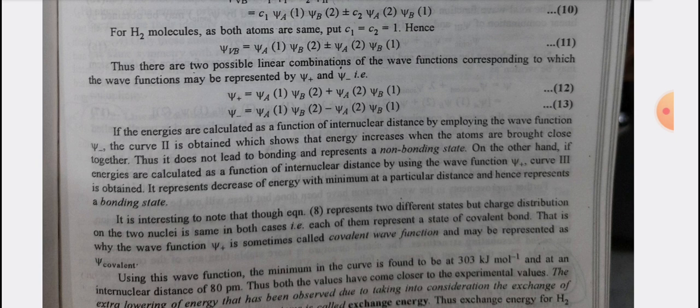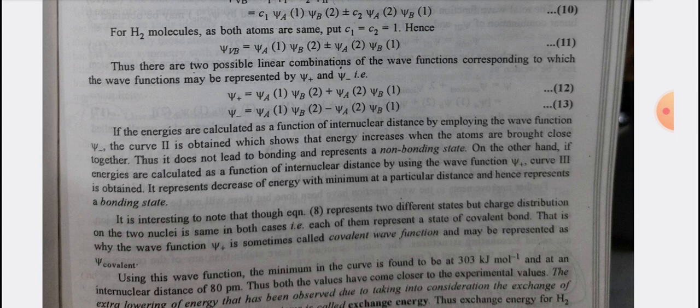Equation 10. For the H2 molecule, as both atoms are the same, put C1 equal to C2 equal to 1. Hence, psi is equal to psi A1 psi B2 plus or minus psi A2 psi B1.